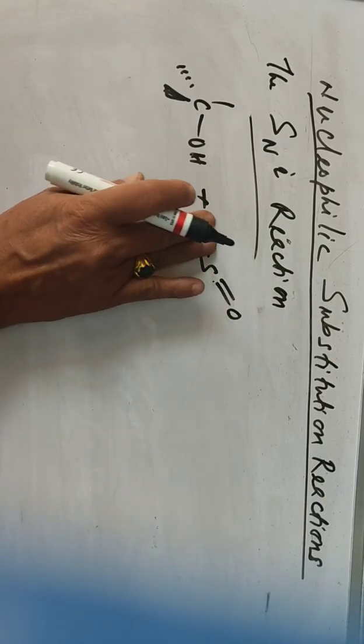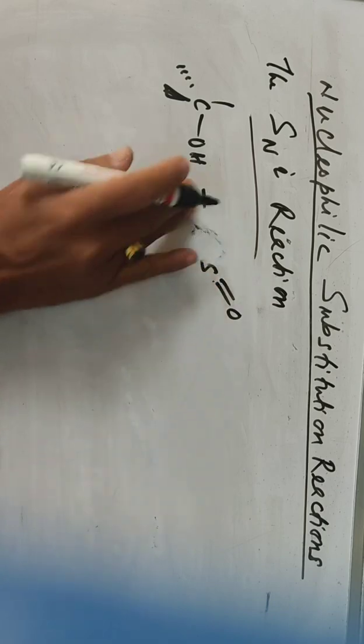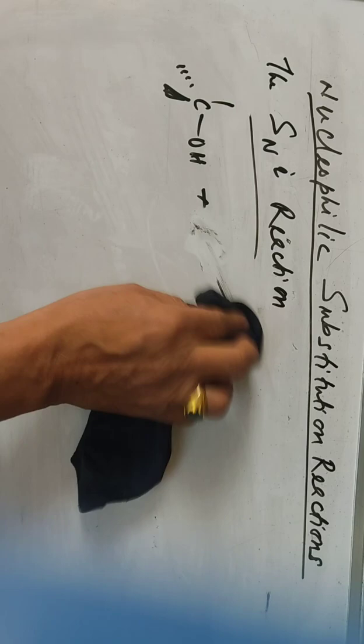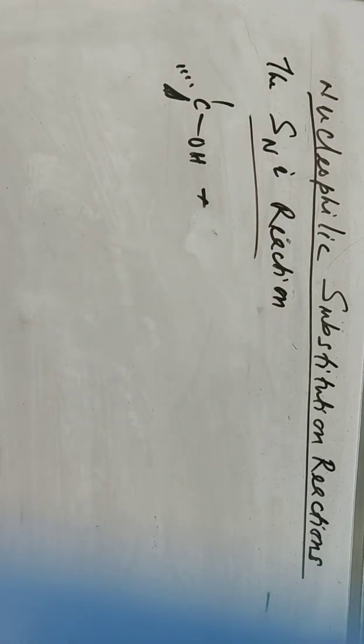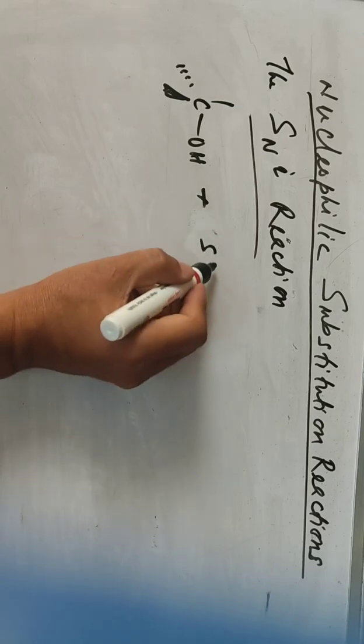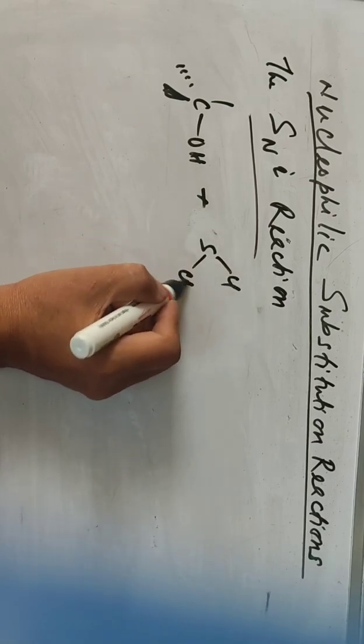You can write the O leaving, or let's say the concerted way of the formation of this one: O, Cl, Cl, S, Cl, Cl, O.